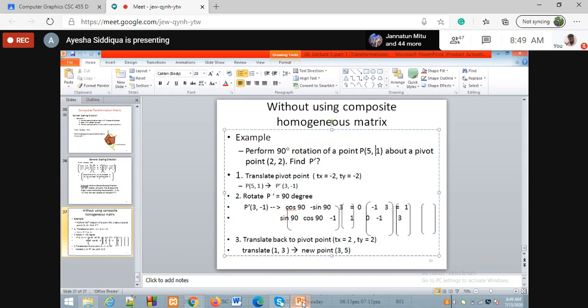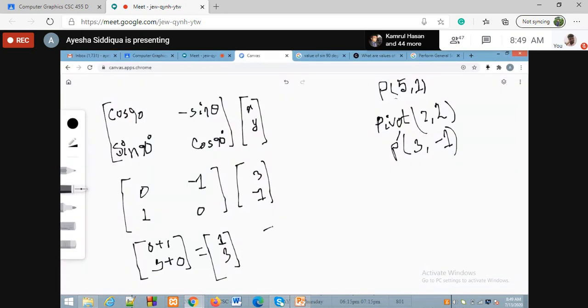So if we translate 1, 3 to the pivot point, that means if first you have done the subtraction, so you have to add now.